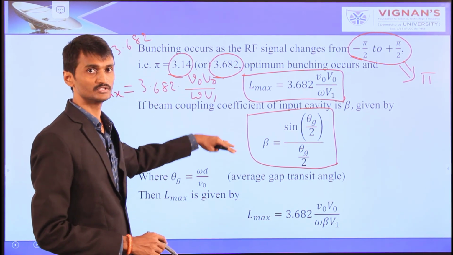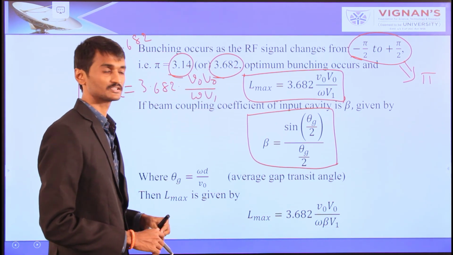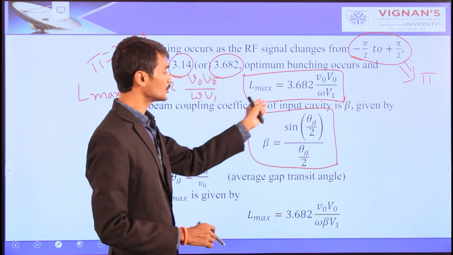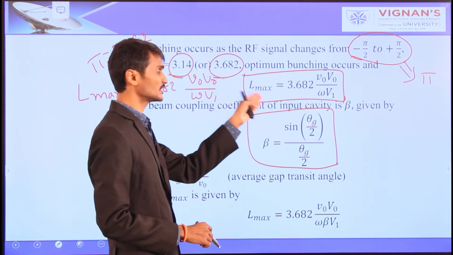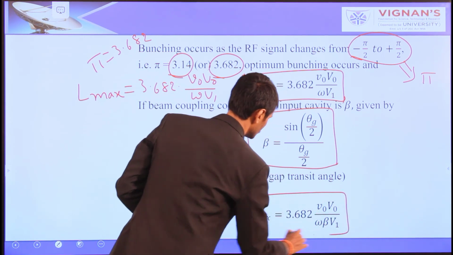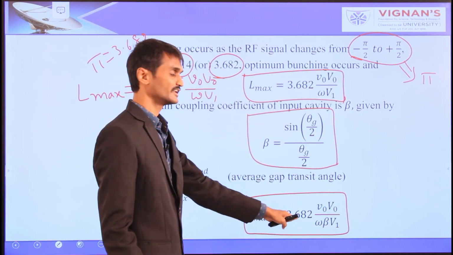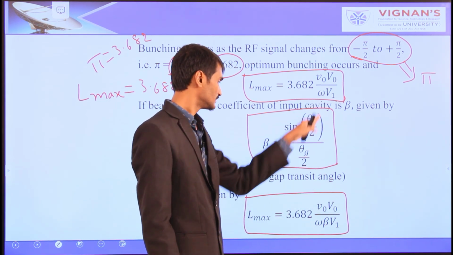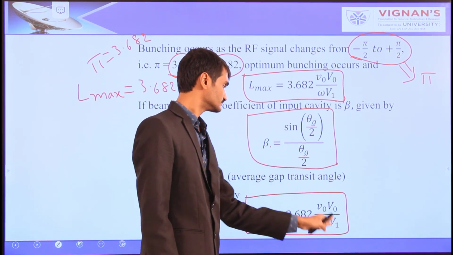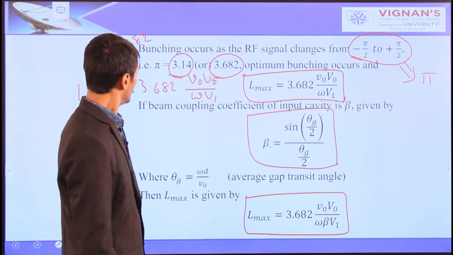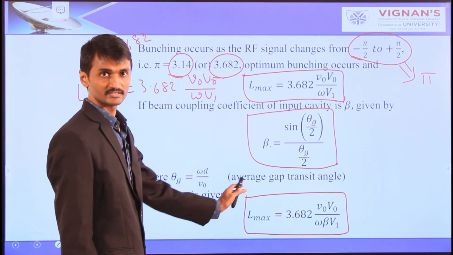Then we substitute these values in the L max expression. So L max with the coupling coefficient of the input cavity beta is L max equals 3.682 into V0 by omega beta V1.